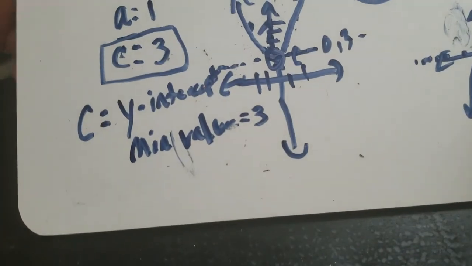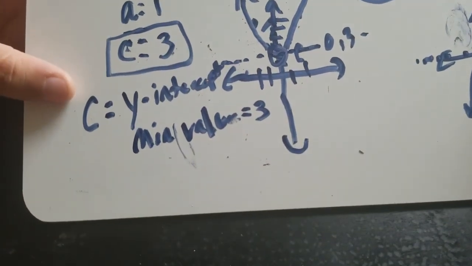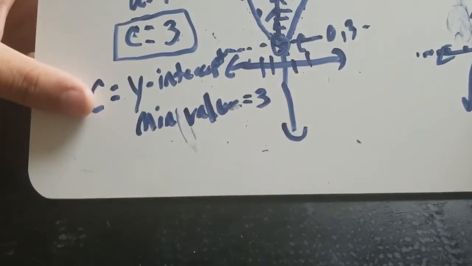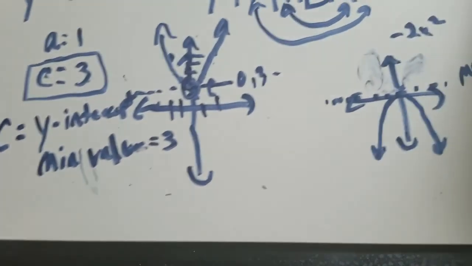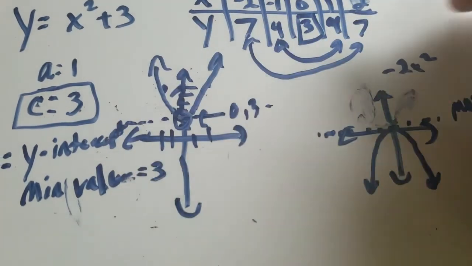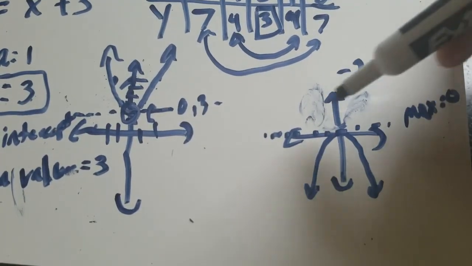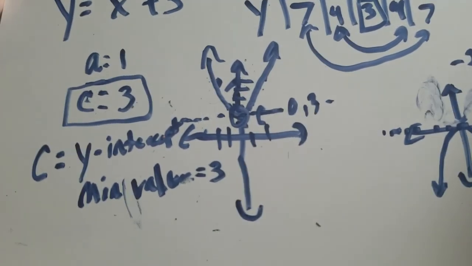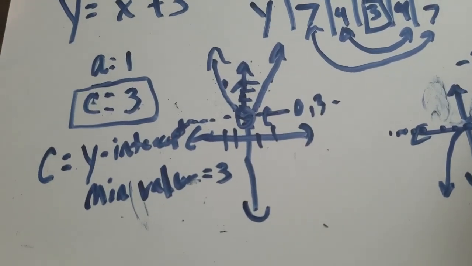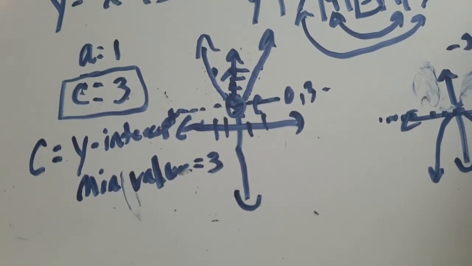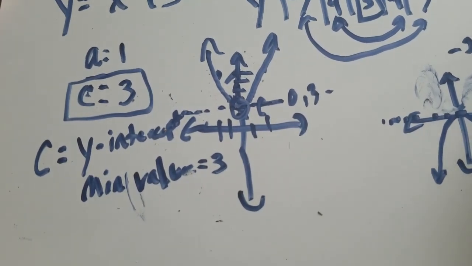So the letter c gives you two things in this situation: your y-intercept and your min or max value. It's a minimum because it goes up this way, so there's the lowest point, and it's a maximum because it goes down this way, so there's the highest point. So part of your homework is going to be to identify the min or max value, okay?